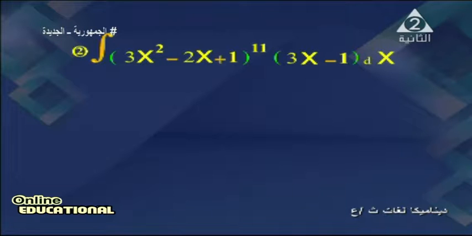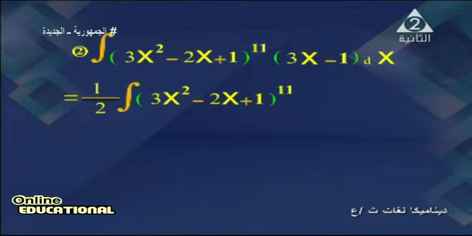But the other bracket is 3x - 1. Then we can multiply by half before the integration. Half the integration of (3x^2 - 2x + 1) to the power 11, and multiply 2 by the second bracket. 2 multiplied by 3x is 6x, minus 1 times 2 is 2.